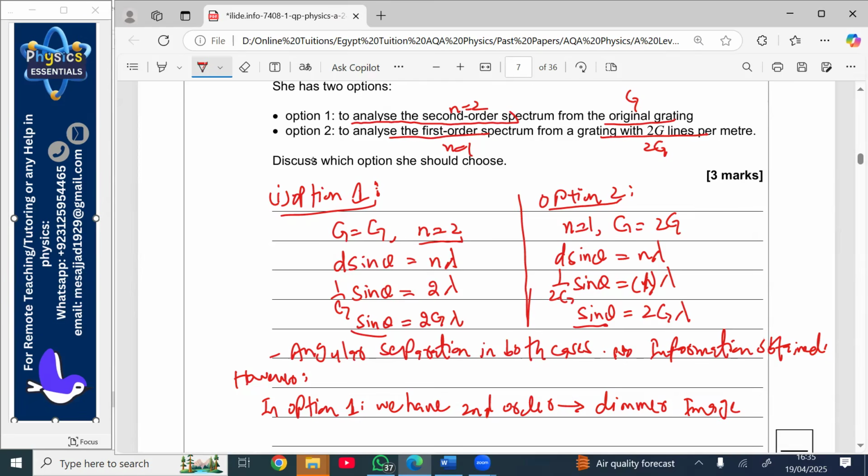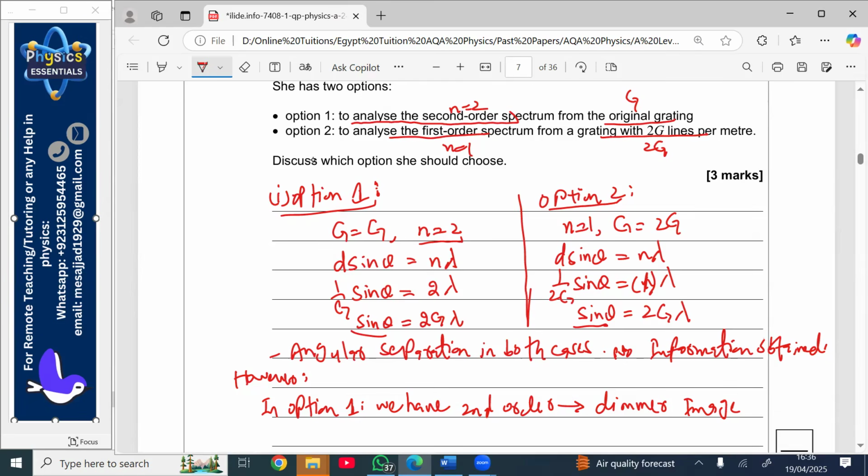Not good. So it is also possible that the images are overlapped with each other, because you are talking about the second one, you are going far away. So the images are already blurred or faint or dim, because the first one is always the sharp one, then the second, third, fourth, fifth keep on getting fainter because the energy is getting reduced.